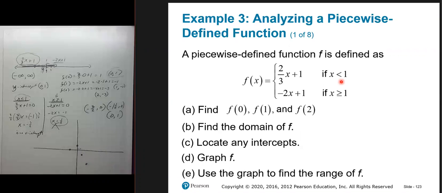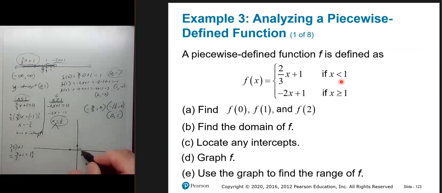Well, so I put 1 into that function. I do 2/3 times 1 plus 1. And I know it's not going to equal that point, so I'm going to use an open dot for that point. So I get 2/3 plus 1, which is 1 2/3.